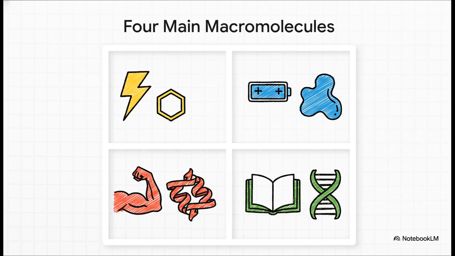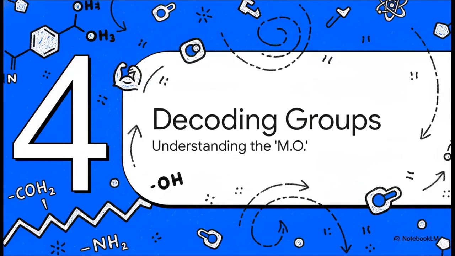Then we have lipids, fats and oils, which are great for storing energy long-term and keeping us insulated. Proteins, they're the construction crew, building everything from our muscles to the enzymes that make chemical reactions happen. And finally, you have nucleic acids, DNA and RNA, which are the ultimate information keepers, storing the genetic blueprint for life itself.